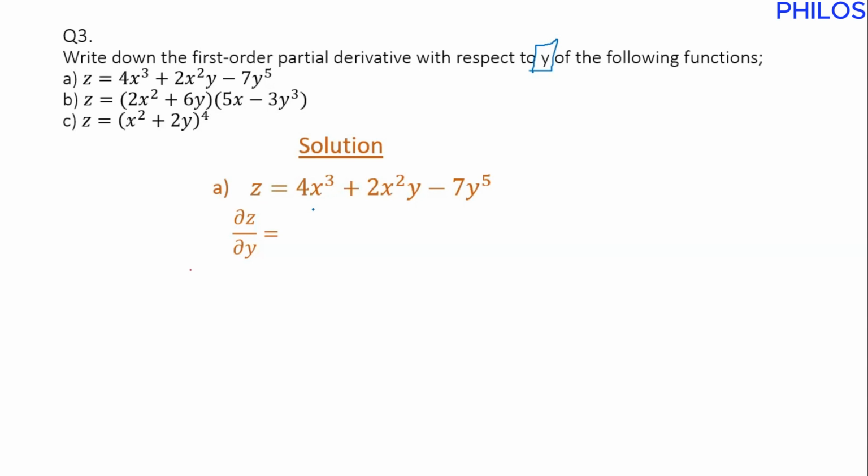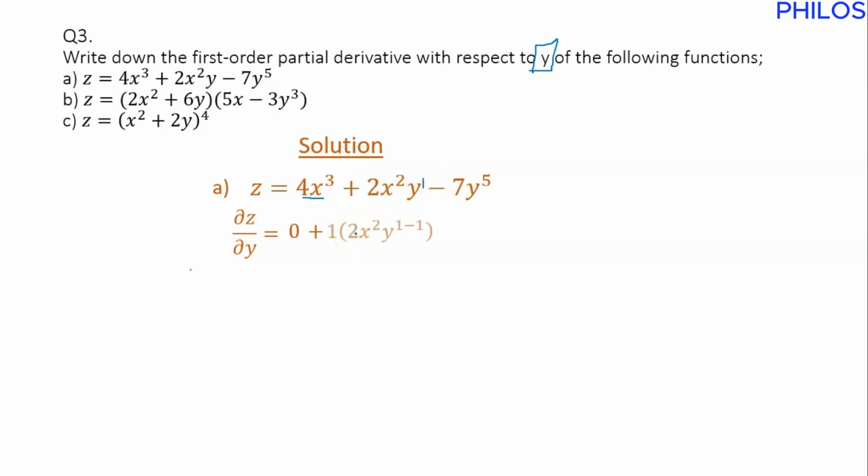Okay. So, since there is no y in the first one here, then when we differentiate this with respect to y, it should be 0. Plus, now there is y here, but the exponent of y in this case is 1, isn't it? So, we multiply the whole thing by 1 and subtract 1 from the exponent of y.